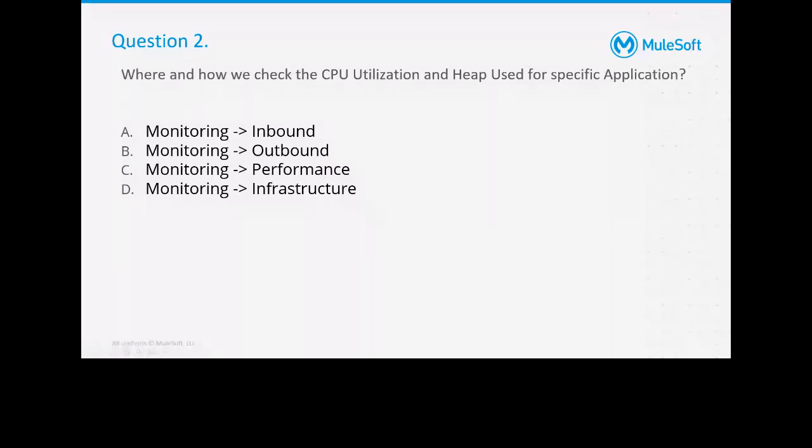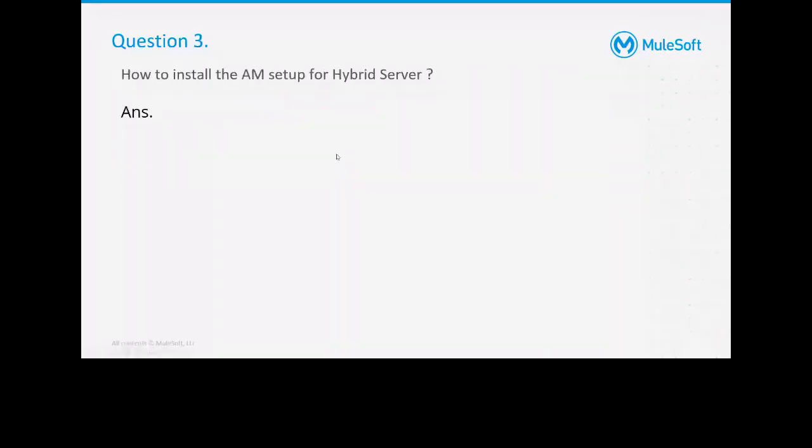Please reply in the comments if you know the answer. You can reply anything like answer A, B, C, whatever you want to type, but you should give an explanation for that. Okay, three, two, one, go. How to install the AM setup for hybrid servers?